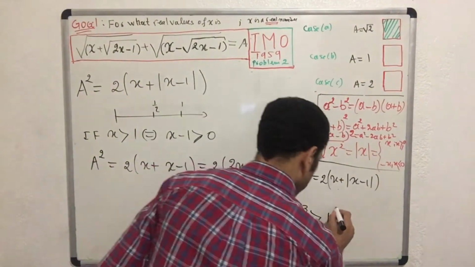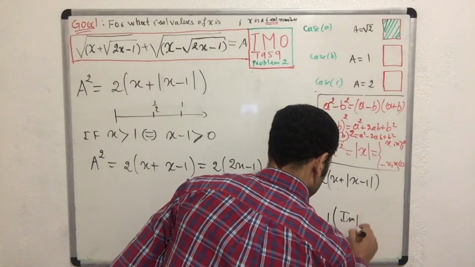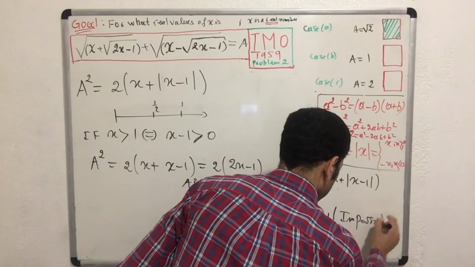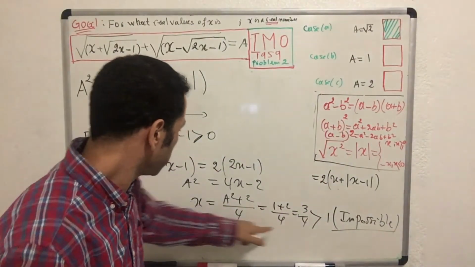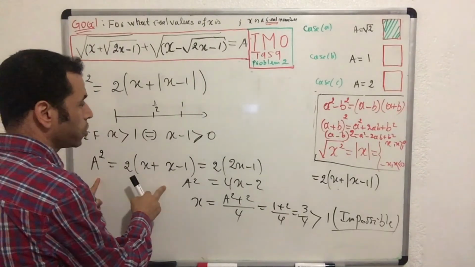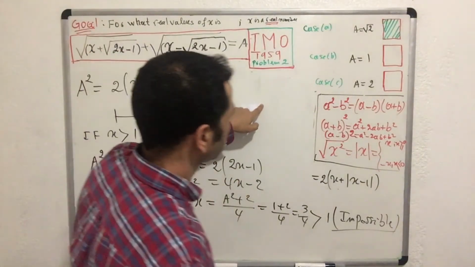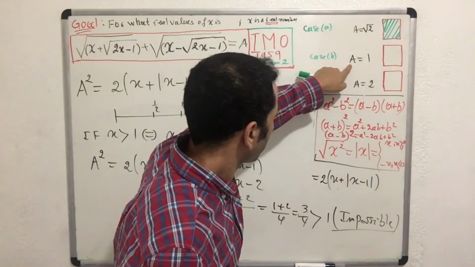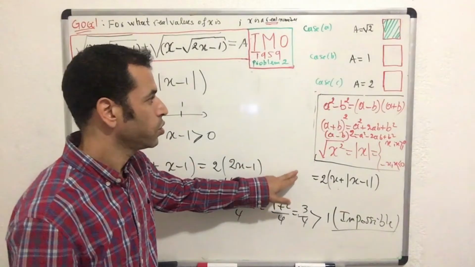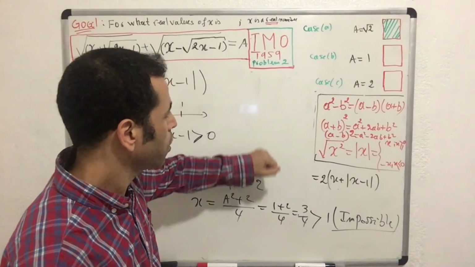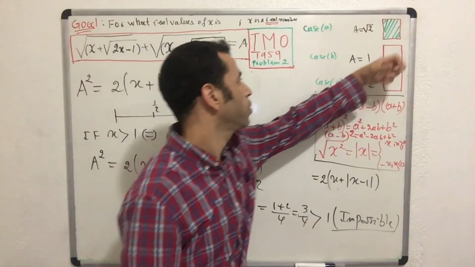So this is impossible. What does that mean? That means this equation doesn't have a solution when you have a capital A equal 1. Okay? Let's move on to the last step. This condition is verified now.